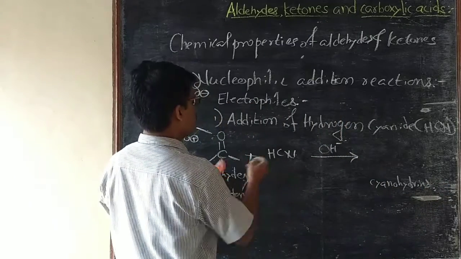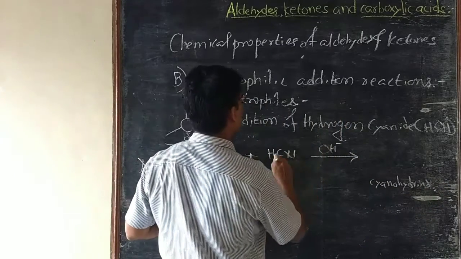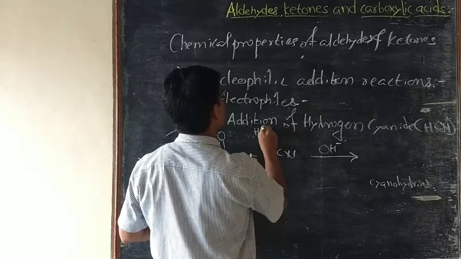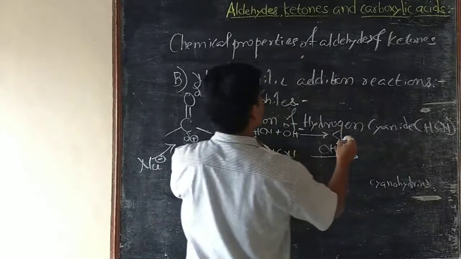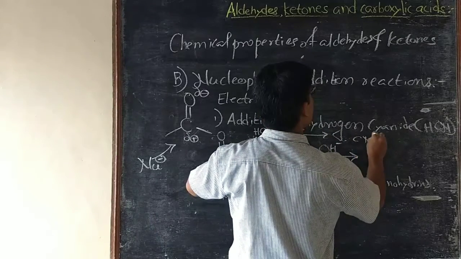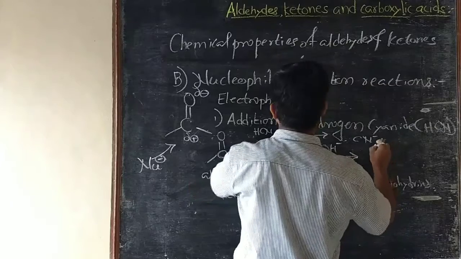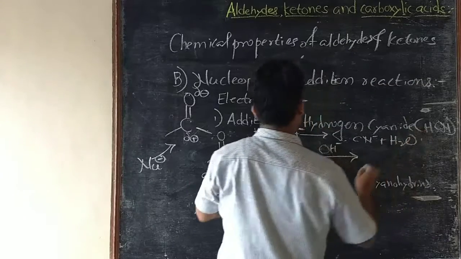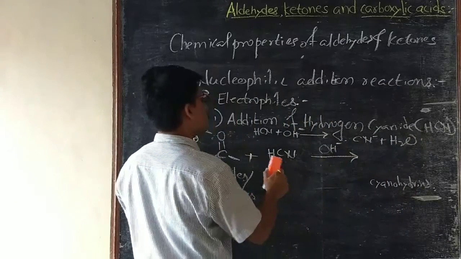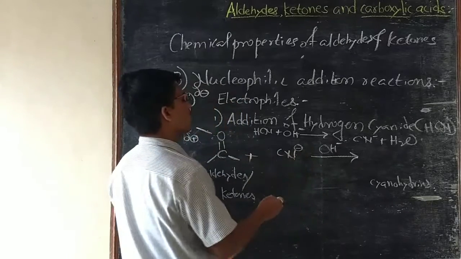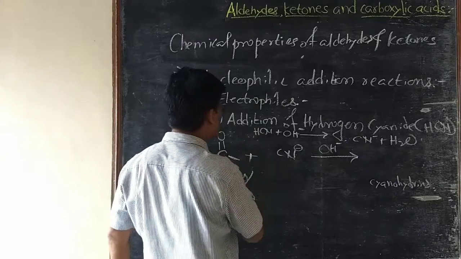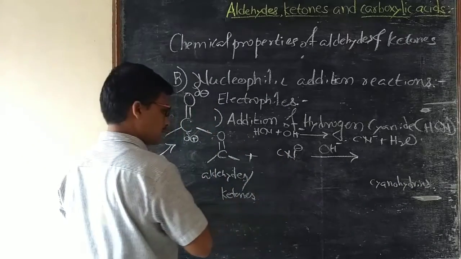See here, first this OH minus reacts with HCN, it gives CN minus, that is a nucleophile, plus H2O. This CN minus further reacts with the aldehyde in this way.